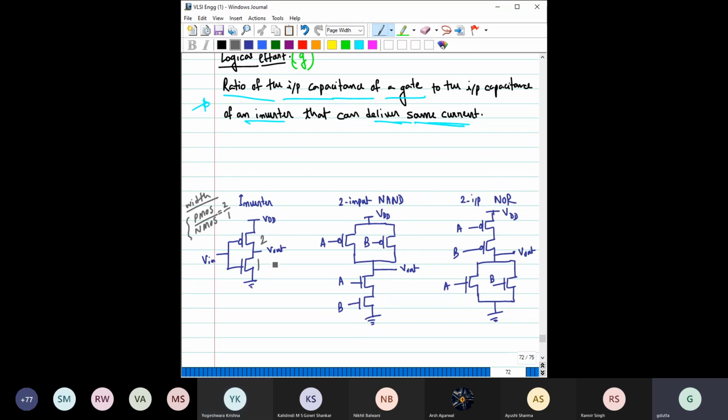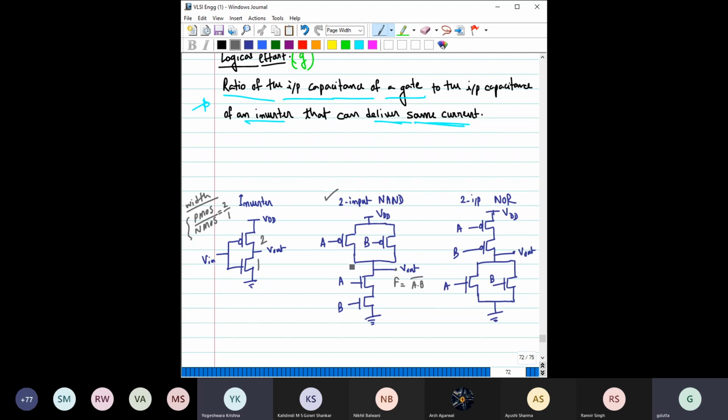Now, once we have fixed it, on the same technology node suppose you want to make a 2 input NAND gate. This is the transistor level diagram of a 2 input NAND gate. I think all of you will agree that this F would be equal to (A dot B) bar.